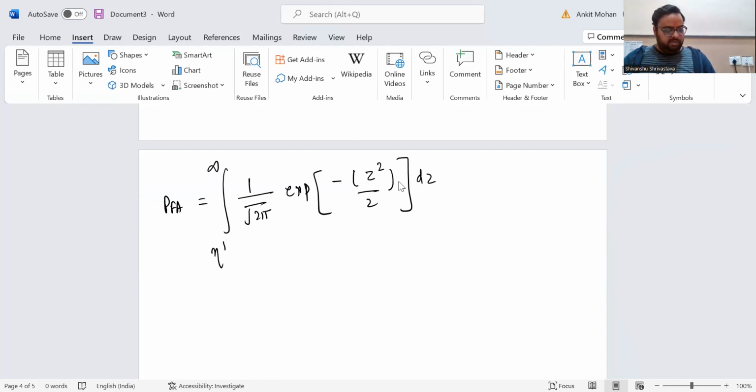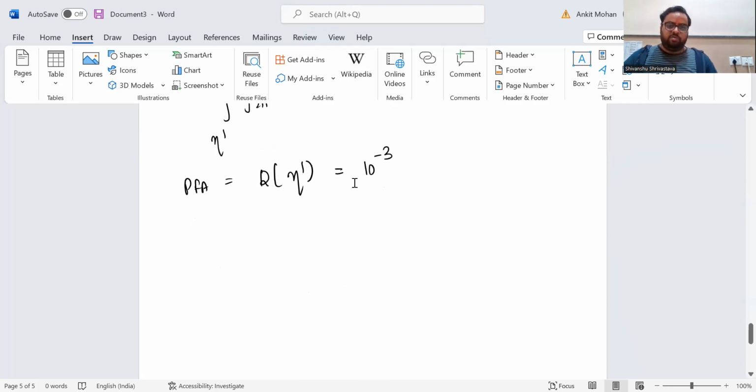When I look at this probability of false alarm, this is clearly a Q function of eta dash. So I have my probability of false alarm as the Q function of eta dash, and that we have fixed at 10 to the power minus 3. If you look into the Q table, you will see that the value of Q of 3 is something like 0.00134990 and so on.